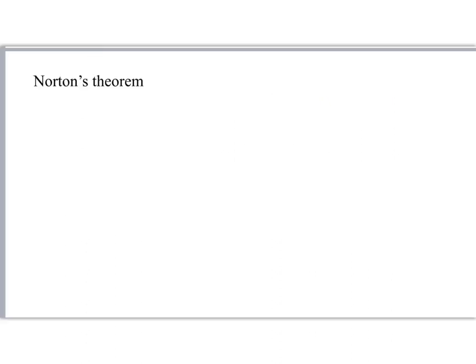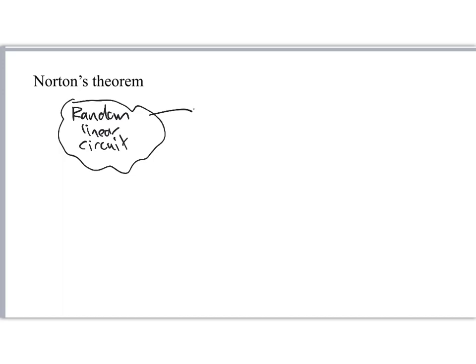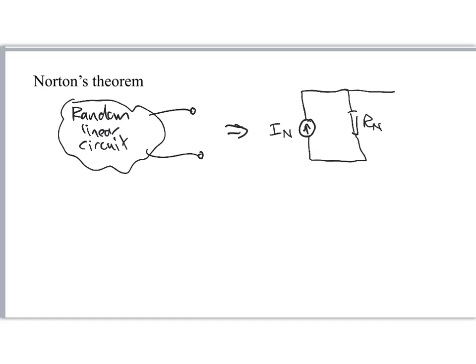Norton's theorem says that you can replace a random linear circuit by a Norton equivalent current source with a current of I Norton, and a Norton resistance in parallel with it, and it turns out that I Norton is equal to the short circuit current if you put a short circuit across the terminals.